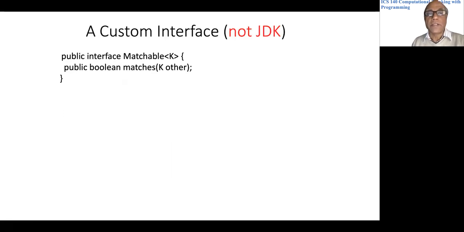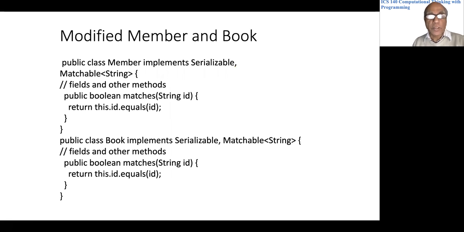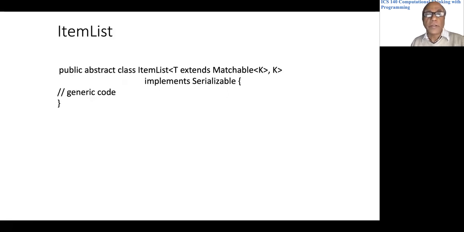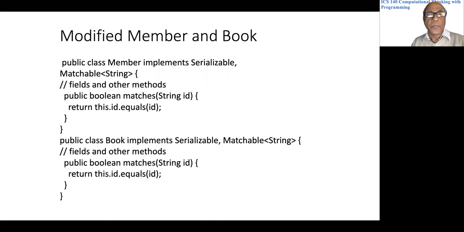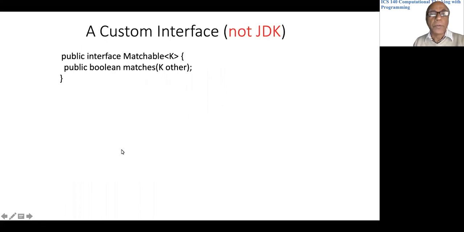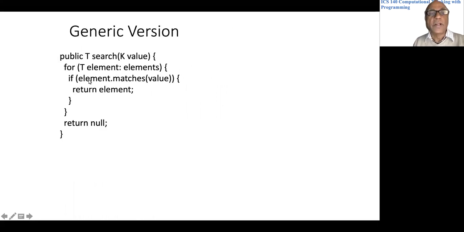Okay, so you know that this type T and K are related in what way? Well, they are related because we know that any element that you store here of type T has the matches method.